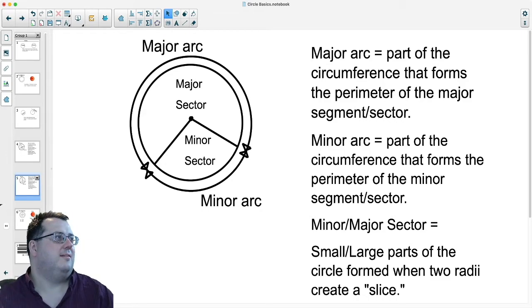That's what sectors are. They're like slices. Pizza's another example. They're all cut into sectors. So you've got a minor sector for a smaller sector and a major sector for a larger sector. And again, the minor arc and the major arc will surround the outside edge.